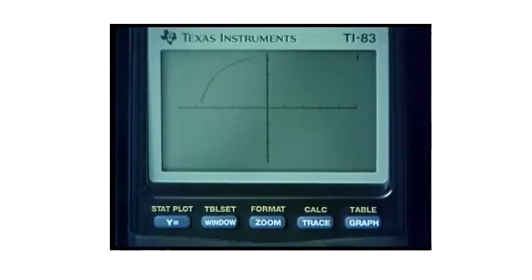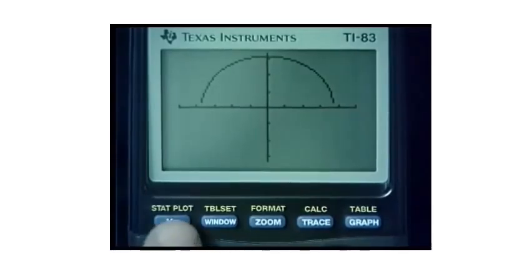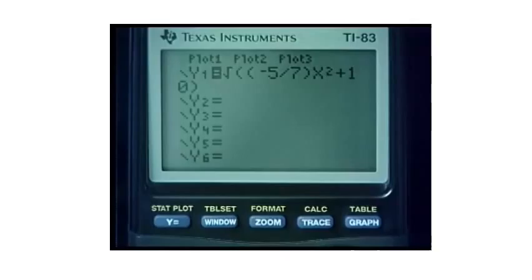Now remember, this is only the top portion of the graph, and we look somewhat elliptical here, so it looks pretty safe. Let's enter the bottom part. There are actually two ways that I want to show you to enter the bottom part.